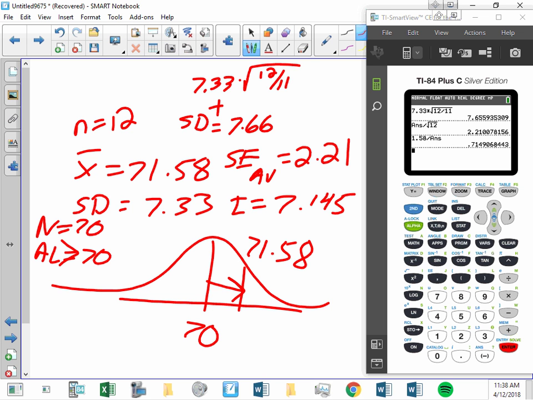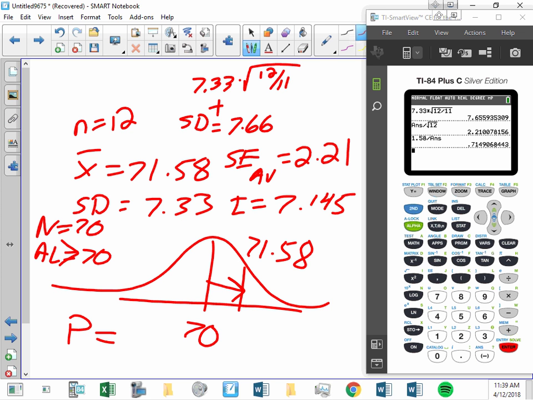Now I need a p-value. A p-value is the area. So I go to A105. And how many degrees of freedom do I have? 11.